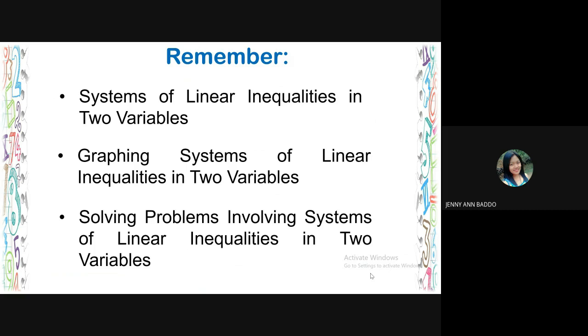Then after that, you solve the system of linear inequalities by graphing or by substitution. And last step, you have to write the conclusion or answer to the question in the given problem.